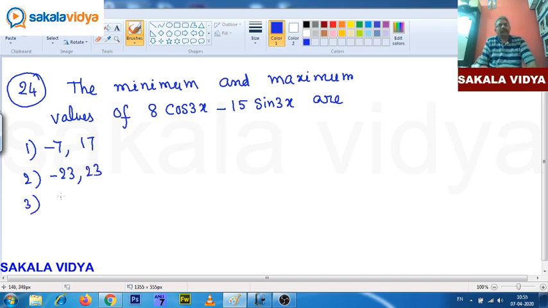So, please check the numerical calculations carefully. You do yourself also. If any numerical corrections are there, please suggest me. The fourth option we have minus 15 comma 8.